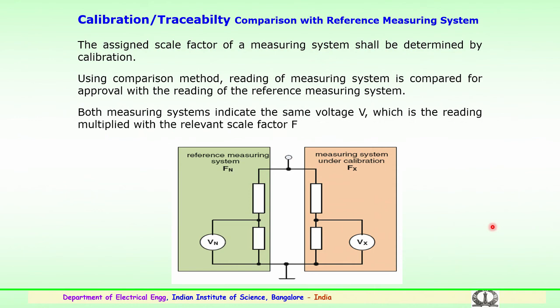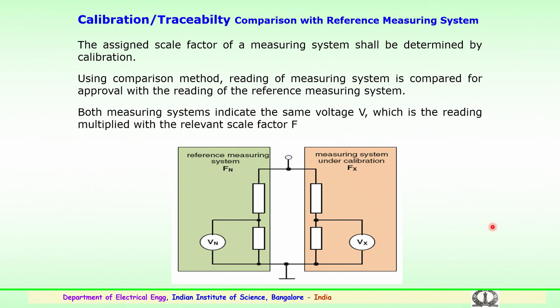Finally, an important aspect of measurement is that you have to have suitable calibration and traceability. These are important requirements, along with comparison with reference measuring units. The assigned scale factor of any measuring system shall be determined by calibration. Using a comparison method, the reading of the measuring system is compared with the reading of the reference measuring system.